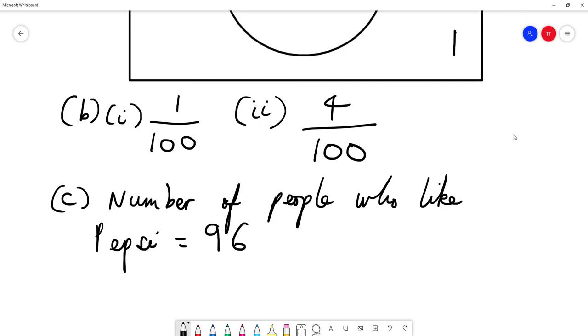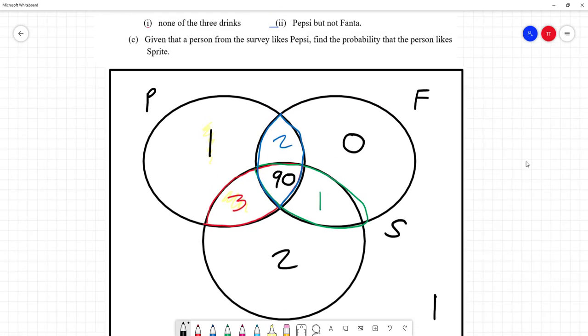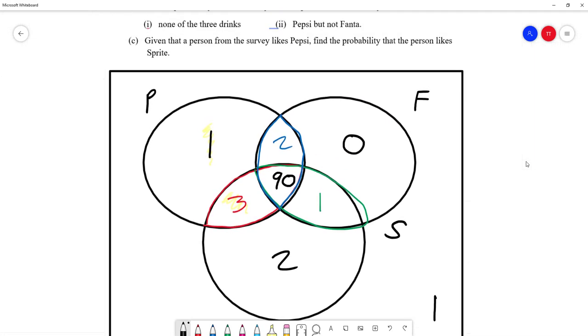Now we go back to our Venn diagram and we want to find out the probability that the person likes Sprite. So what I'm going to do is shade in that section of the people who like Sprite who also like Pepsi. So that's going to be this section here.